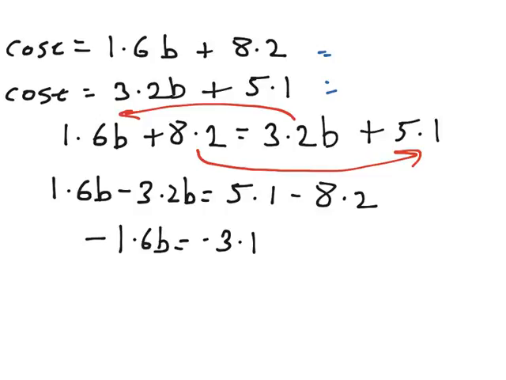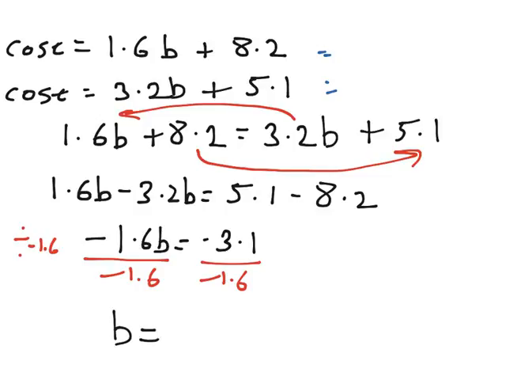And then to get b on its own, I have to divide both sides by this here. I want to get rid of that. Right? So I divide both sides by negative 1.6. And that will just give me b on its own on the left hand side, so I'm happy with that.